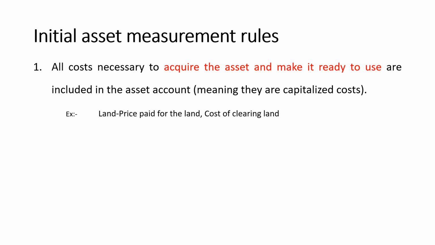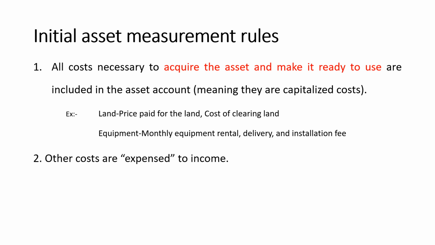For example, when it comes to land, the price paid for land and the cost of clearing land should be capitalized. When it comes to equipment, monthly equipment rental, delivery and installation fees should be capitalized. Other costs should be expensed to the income statement.